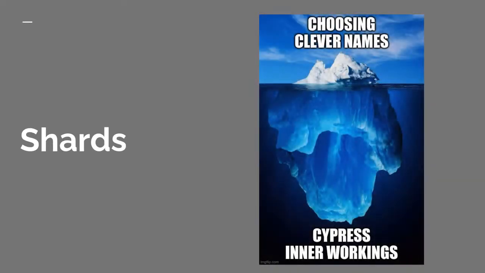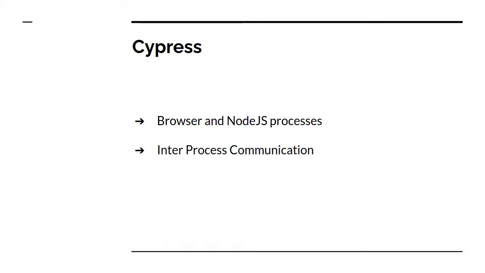We now need to tackle the misleading simplicity of the Cypress way. First of all, with Cypress, you are always dealing with two processes. One is the browser itself, and the other one is a Node.js process. And while they do talk to each other, there are some limitations to this communication.